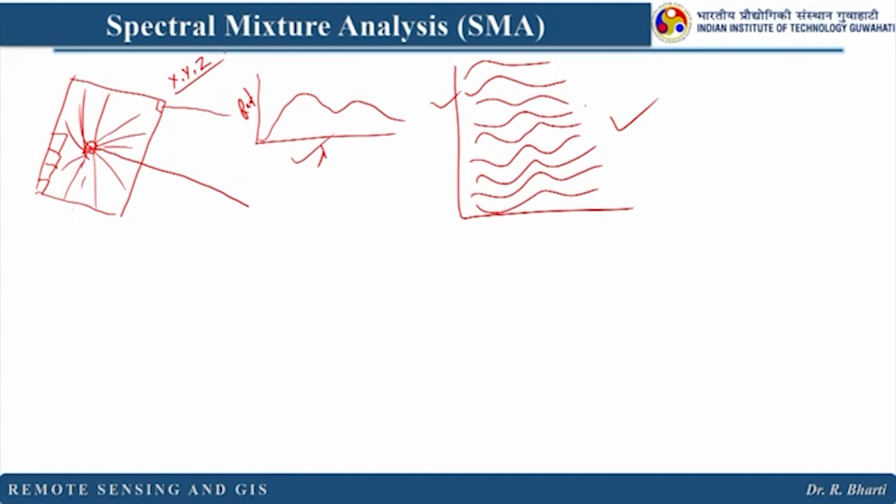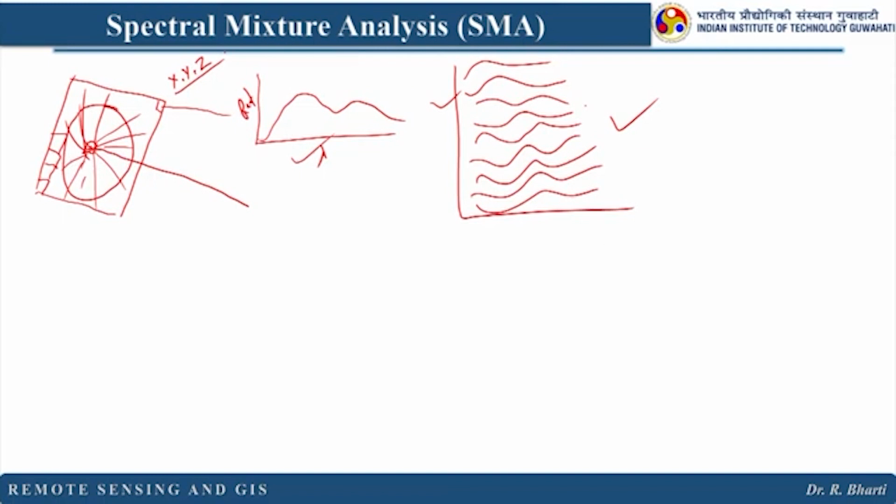So pure spectra is something like your training pixel. That will be used as reference in your spectral classifier. Why is it a spectral classifier? Because you are using the spectral information and spectral matching, so then you will classify this whole image.